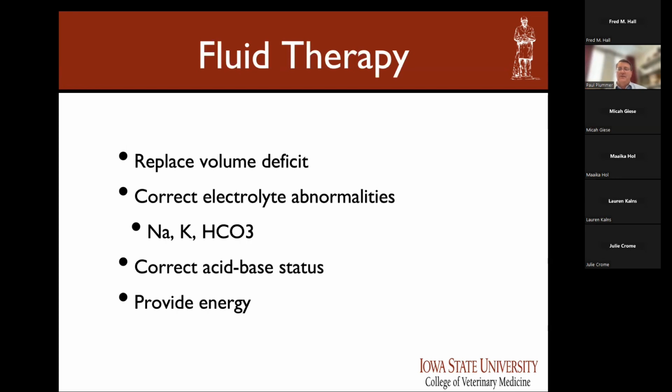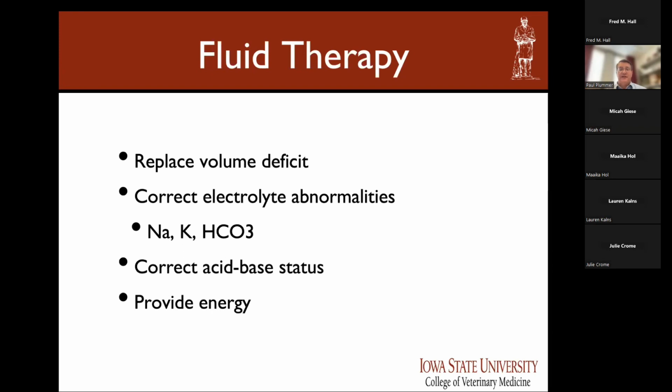So when we think about dehydration and we think about acid-base status, the way we fix that is with fluid therapy. Now, that can be IV fluid therapy that we give in the vein, or it could be potentially oral fluid therapy that they either suckle, nurse off of a bottle, or that we tube into their stomach.